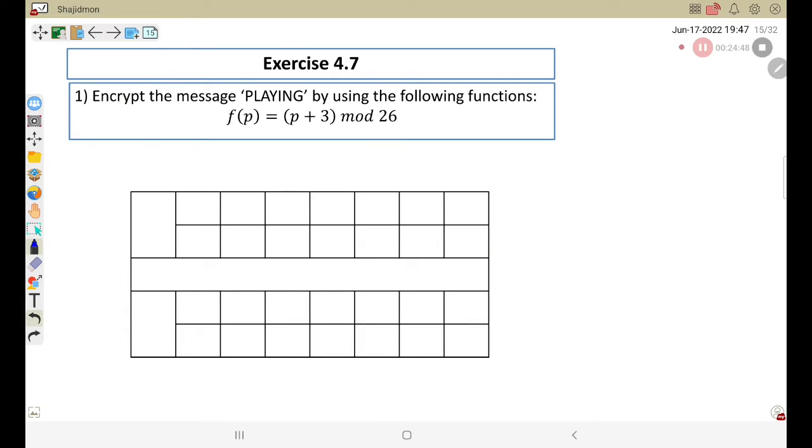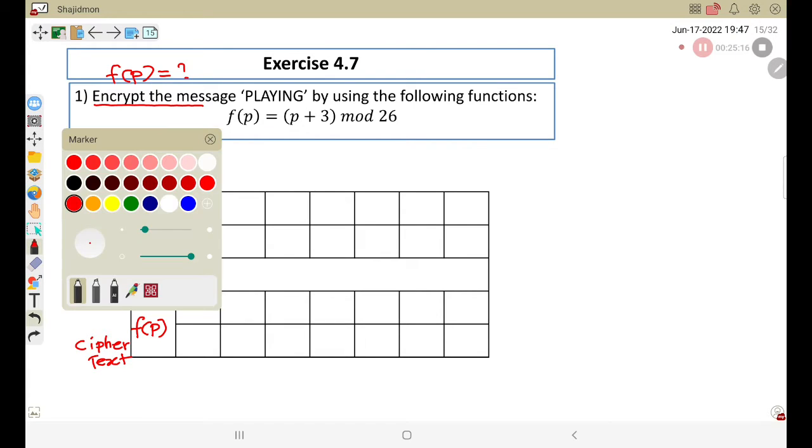Now we will go to one question. First question, section exercise 4.7, encrypt the message. Encrypt means we need to calculate f of p, the encoded message, correct? F of p means cipher text.